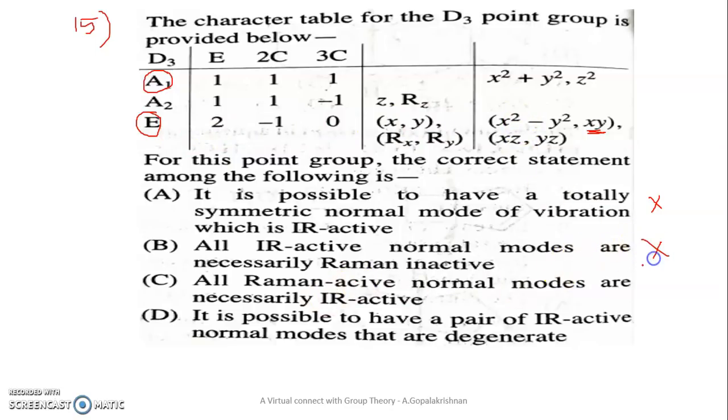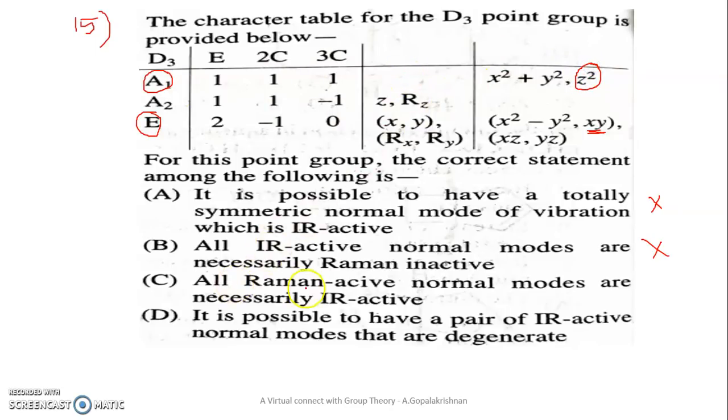Now I'll go to statement number 3. All Raman active normal modes are necessarily IR active. See here, in this case, the E vibration is Raman active and it is IR active also. But the A1 vibration is Raman active, but it is not IR active.